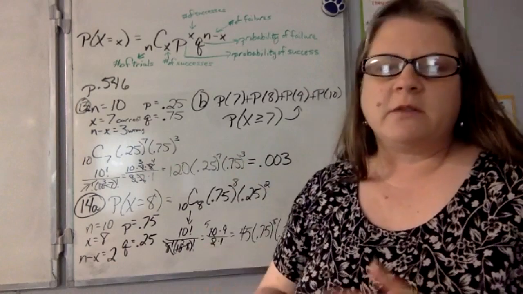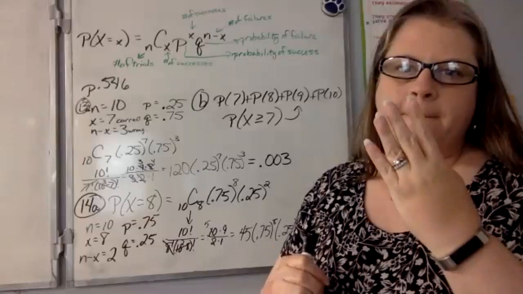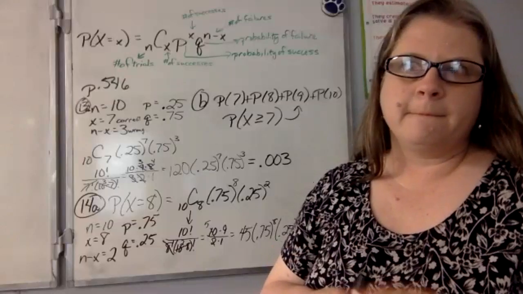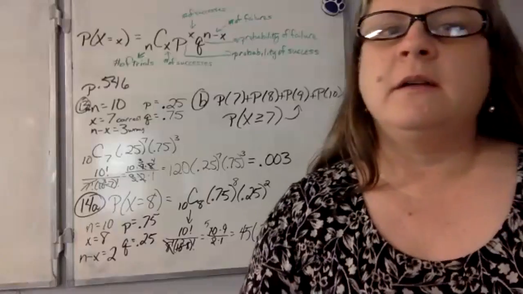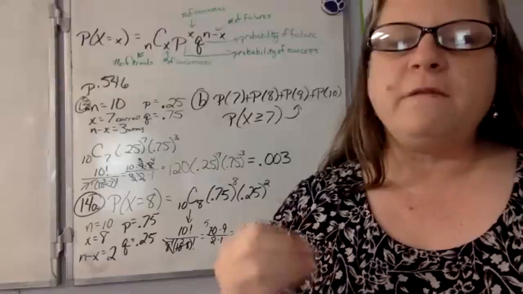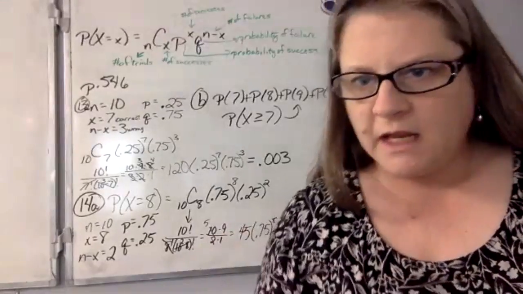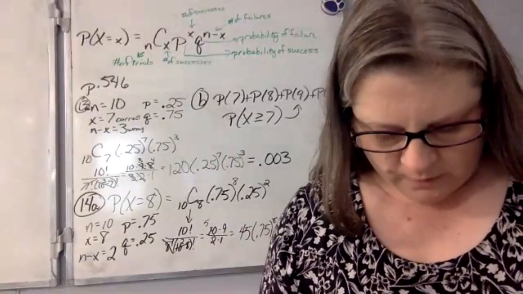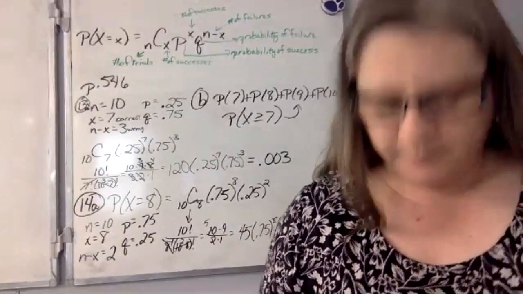How many characteristics did it have to meet to be a binomial experiment? 4. Okay, they were on page 540.